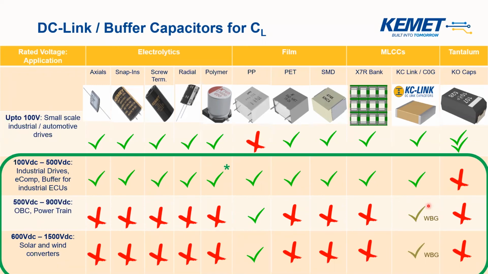They have very high ripple current capability, they have very high temperature capability as well, and of course their only drawback is that they don't have as high capacitance values possible as it could be with film capacitors or with electrolytics. But because of their very superior ripple current capability, they are for sure going to be a very interesting product if the gallium nitride based switches would be used at their full threshold of possible switching frequencies.